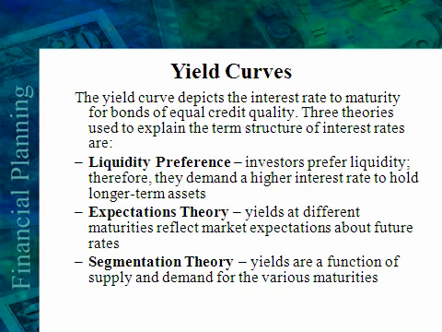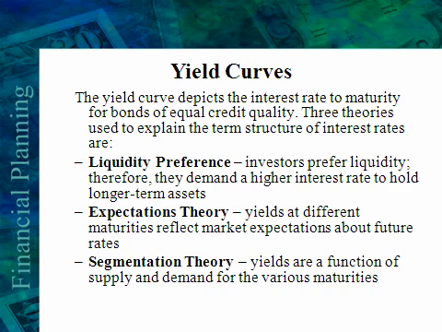The yield curve depicts the structure of spot rates in relation to time to maturity. Generally, but not always, rates are higher for longer maturities. Three theories used to explain the term structure of interest rates are liquidity preference, i.e. investors prefer liquidity, therefore they demand a higher interest rate to hold longer term assets.